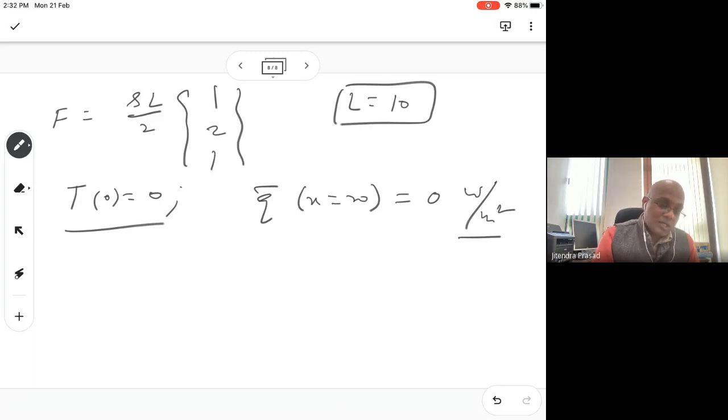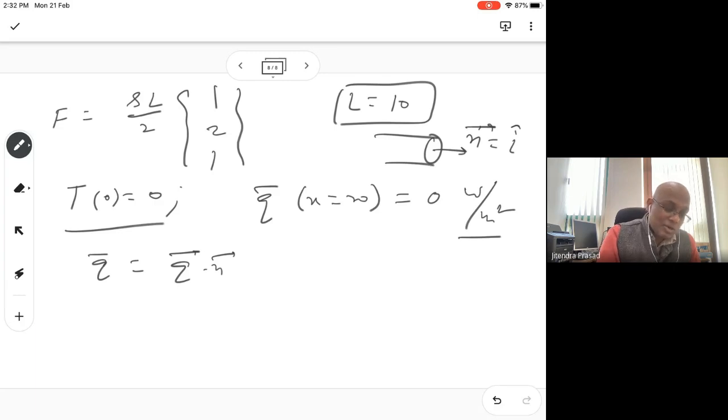If the Q bar is given, how do you find out the Q bar? Q bar, as I discussed earlier, is nothing but Q dot N. And if it is in 1D, then N is nothing but I. So what do you get? Here Q is directed outside, so Q will be minus K dT over dx I. This is how Q is defined.